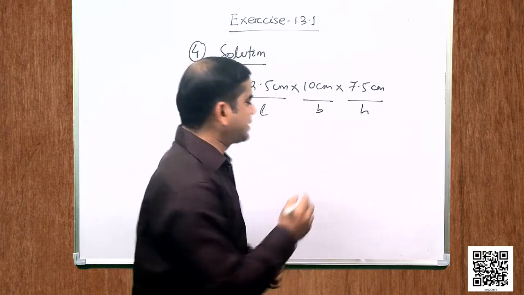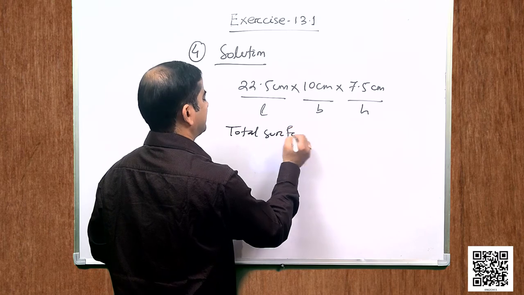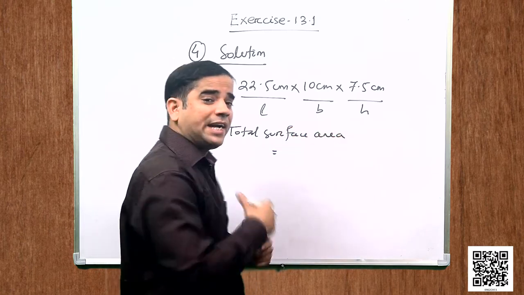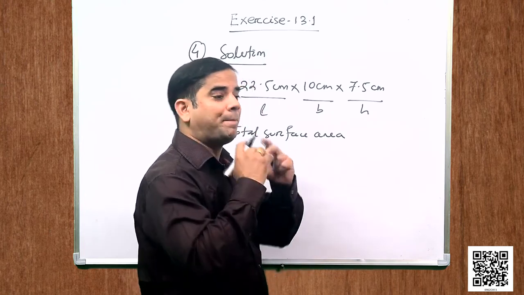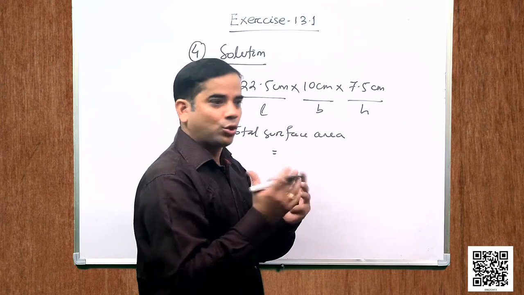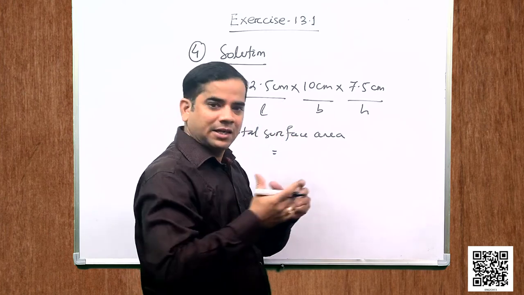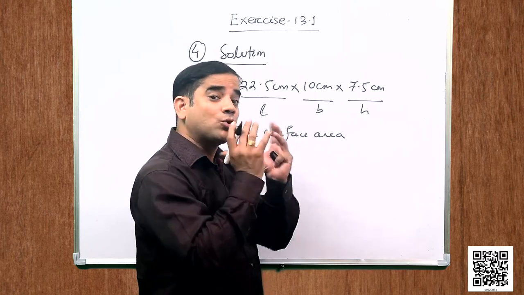So total surface area. Why do we need to find out the total surface area? Because each brick is to be painted throughout, so all the areas have to be covered, that is the outer part of the brick, which is nothing but the total surface area.